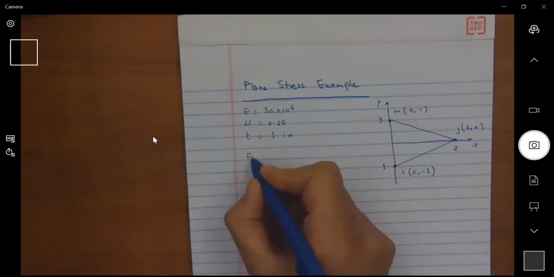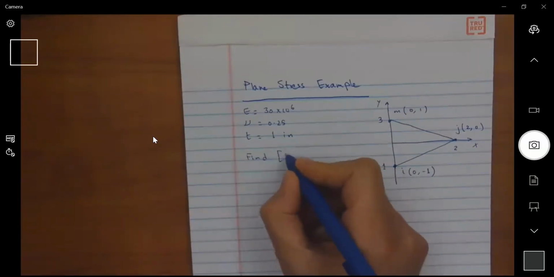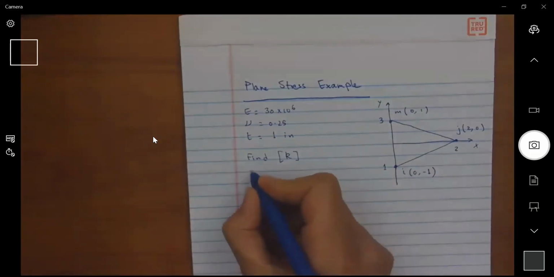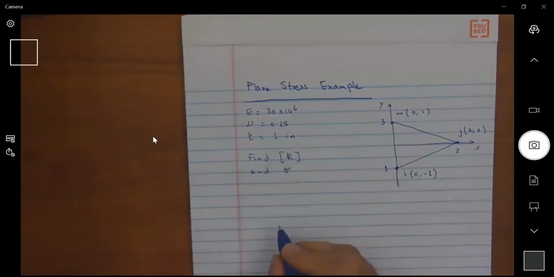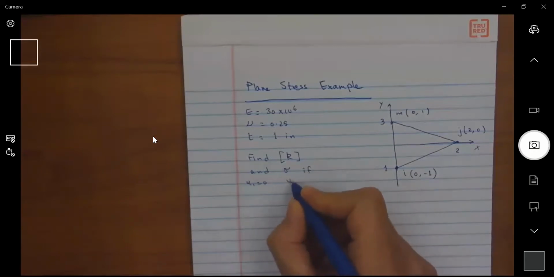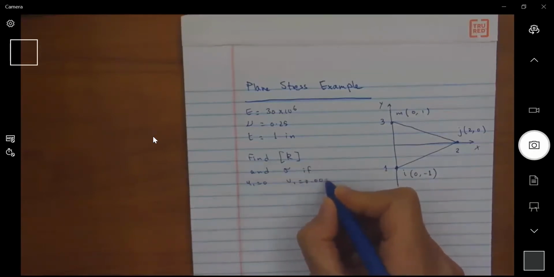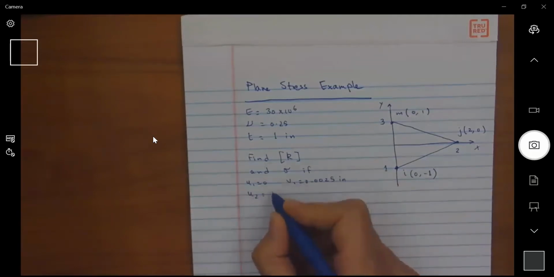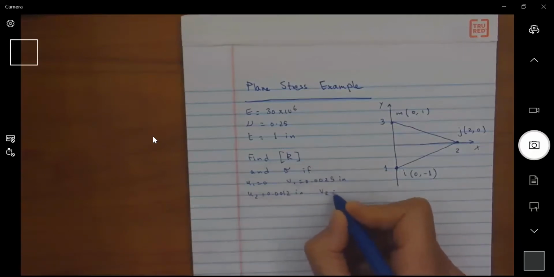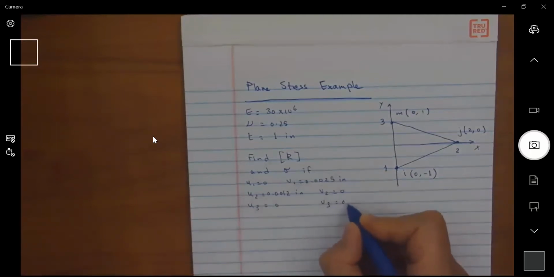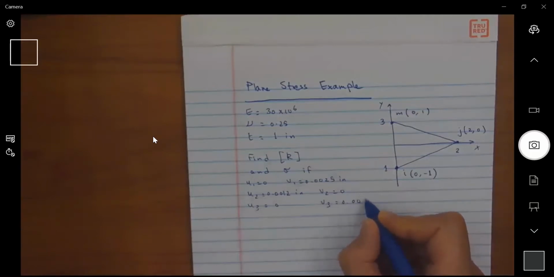We are asked to find the stiffness matrix for the element and sigma if U1 is 0, V1 is 0.0025 inches, U2 is 0.0012 inches, V2 is 0, and U3 is 0, but V3 is 0.0025.